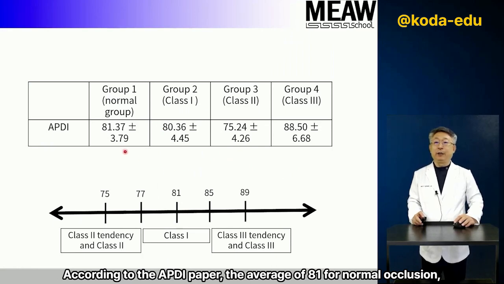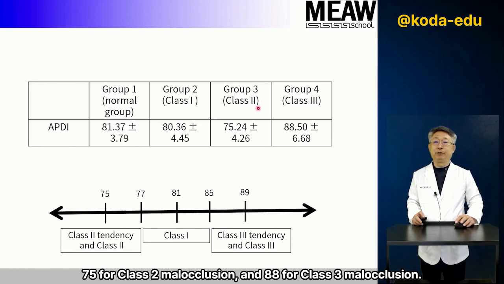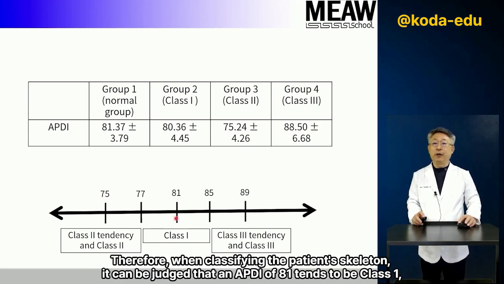According to the APDI paper, the average is 81 for normal occlusion, 80 for class 1 malocclusion, 75 for class 2 malocclusion, and 88 for class 3 malocclusion. Therefore, when classifying the patient's skeleton, it can be judged that an APDI of 81 tends to be class 1.